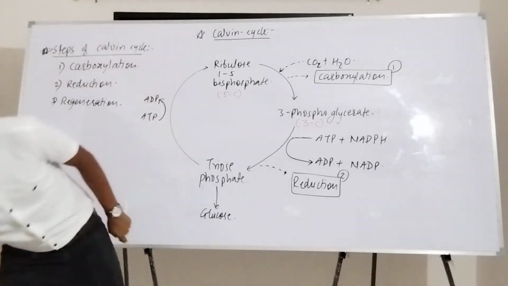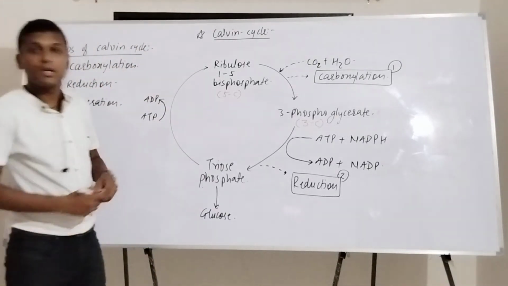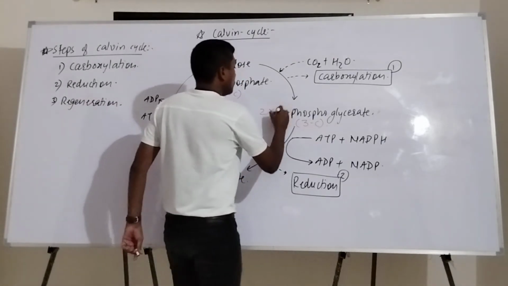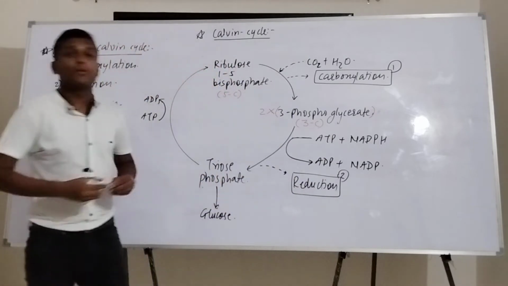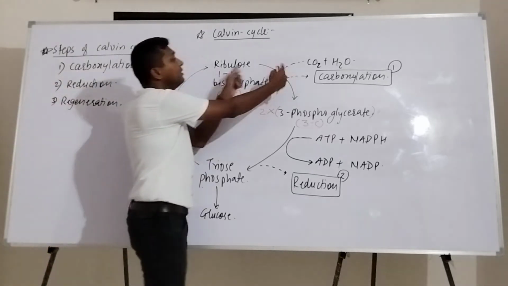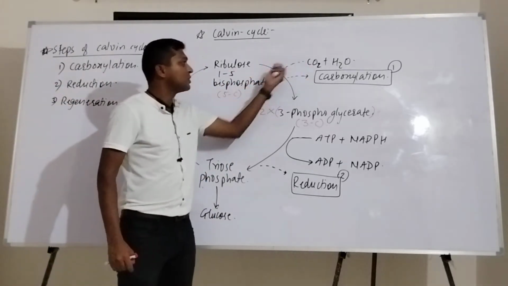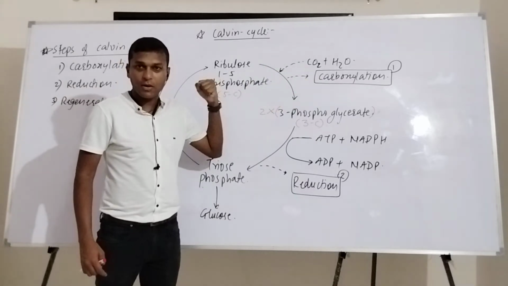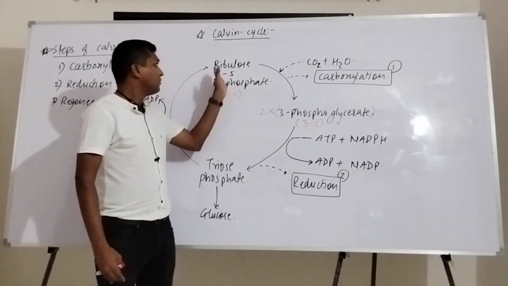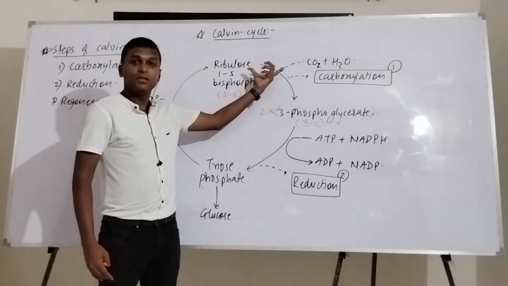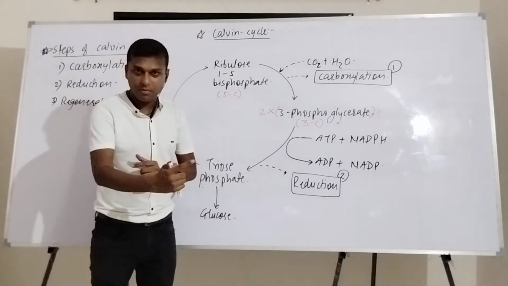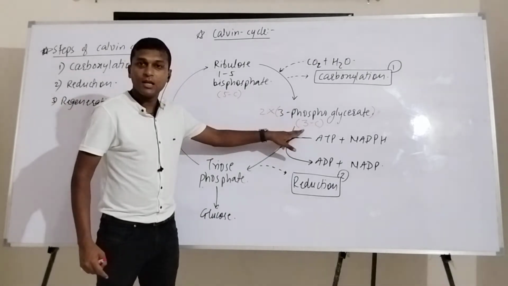So far as your NCERT is concerned, the things which are not given, I am writing them here. Basically, it is two molecules of 3 phosphoglycerate. After the carboxylation, that is after the fixation of carbon dioxide, when carbon dioxide is combined with RuBP, the first stable compound is a 3 carbon containing compound.